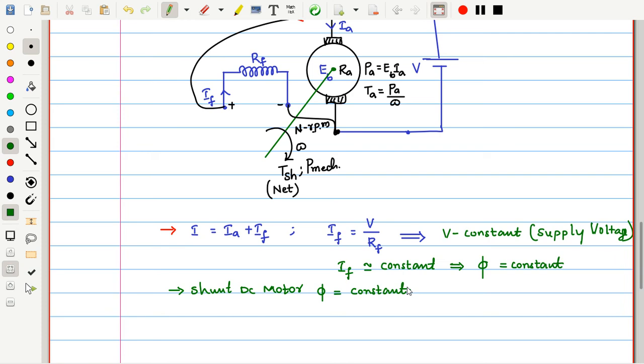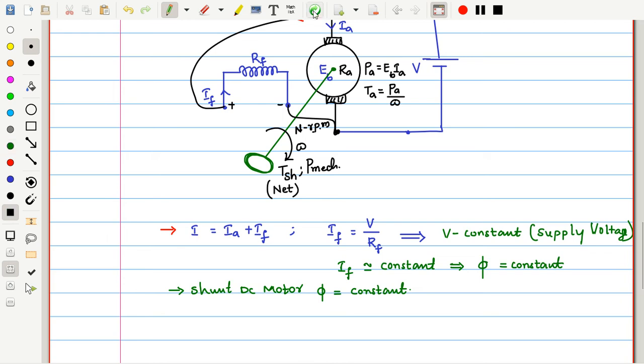But in reality, as load varies, if I add any mechanical load here and the load is increased, a slight decrease in flux may take place, but that is negligible. You have to keep that in mind.